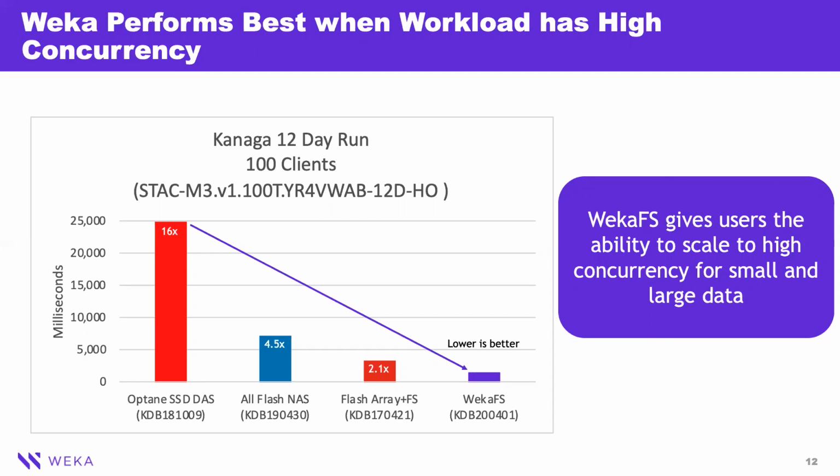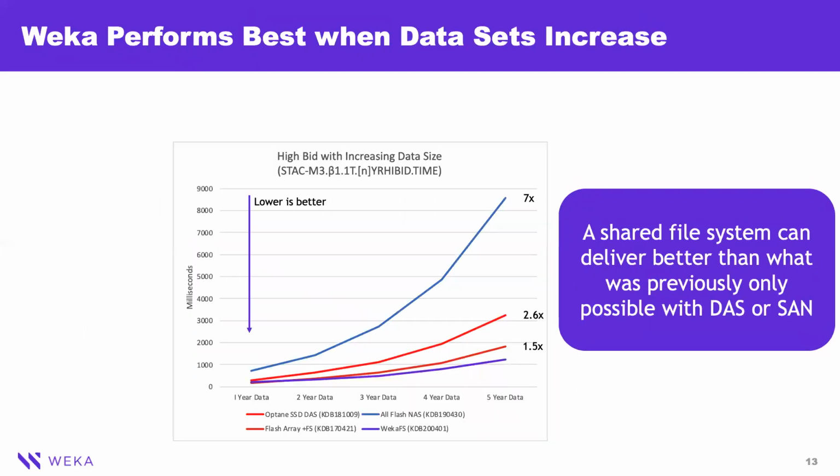So what we show you is that WekaFS gives users the ability to scale to high concurrency for small and large data sets. Last but not least, I'd like to show you a time series over the 5 years. As the load increases from 1 to 2 to 3 to 4 to 5 years, Weka maintains the best performance characteristic of all of the solutions, whether it's a SAN, an all-flash NAS, or direct attached storage.